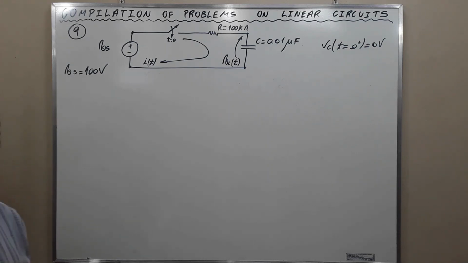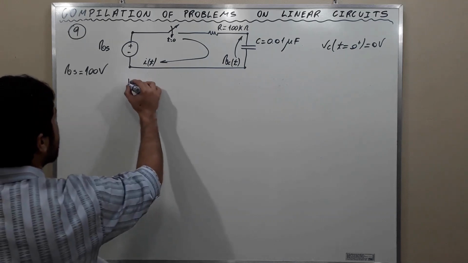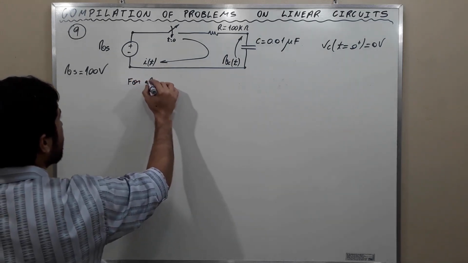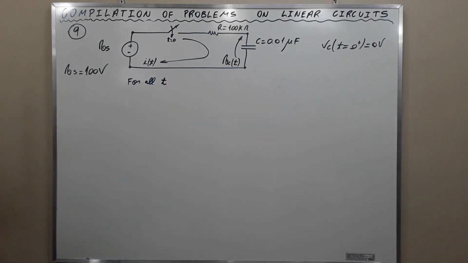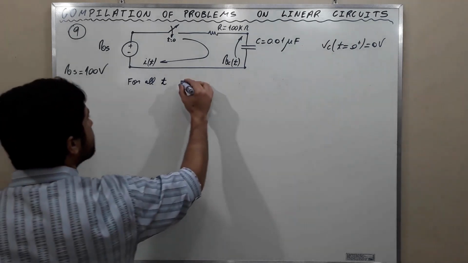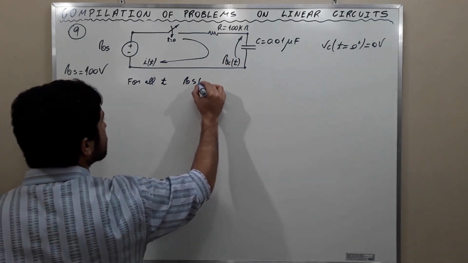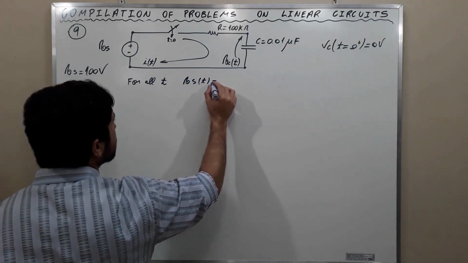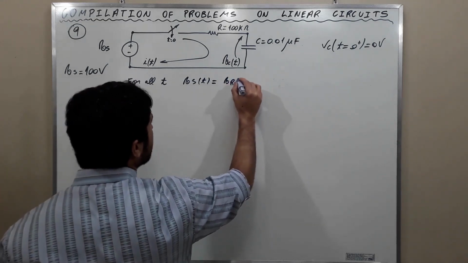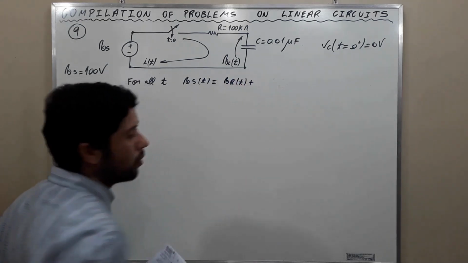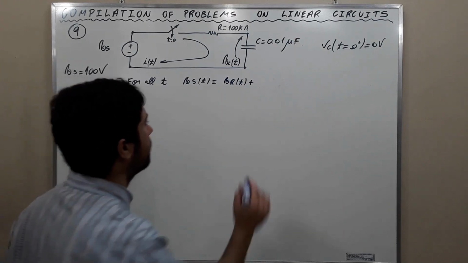Alright, my friends, this is the question. Let's go to the solution. For all t, Vs is equal to Vr plus Vc.